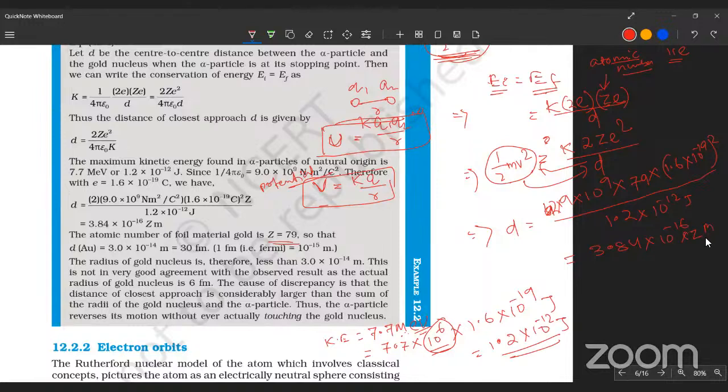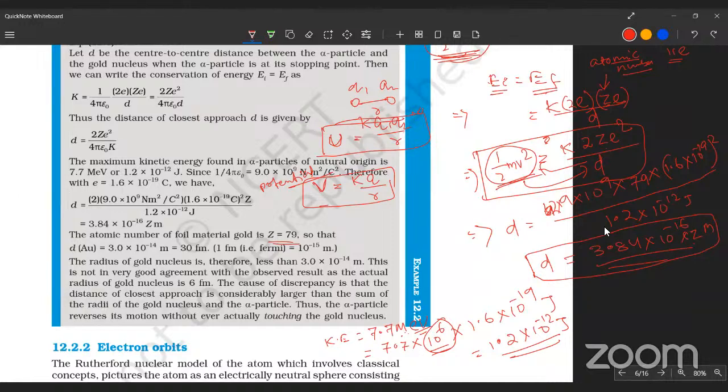Whatever the atomic number, you get a common expression for D. The 3.84 will be the same, only the Z value will be different, so you will get different closest approach distances. So the formula is half mv square equals K 2Ze square by D. This is the formula for the distance of closest approach if the kinetic energy is given.